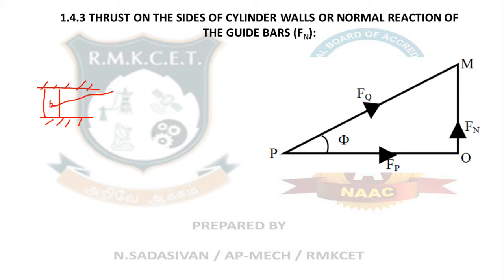The piston is moving very fast up and down. The connecting rod is here, crank is here, crankshaft is here, and the reciprocating axis. The connecting rod and the crank are moving around at a very high speed.